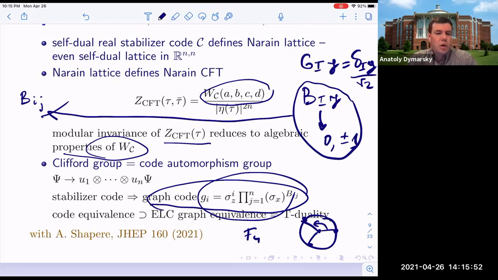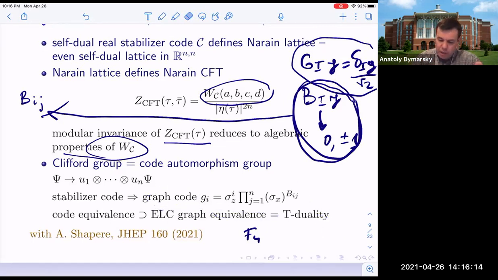So basically, all the code theories, all the Narain theories, are parameterized by a cube. You compactify on a cube. You have non-trivial B field, and this B field can be encoded by a graph. And you can ask, that doesn't kill all the symmetries. There are still additional symmetries, additional T-dualities, and you can ask how those T-dualities act on a graph, and they act on a graph in a rather non-trivial way.